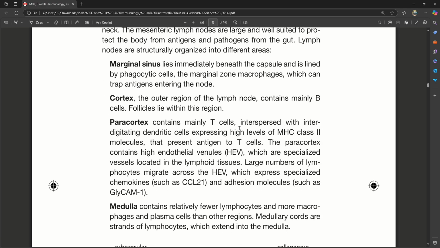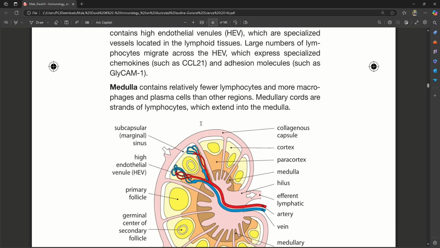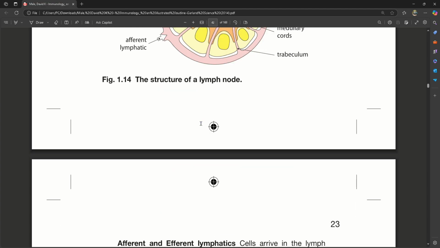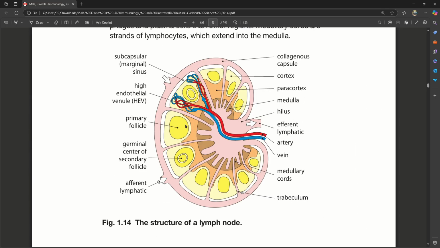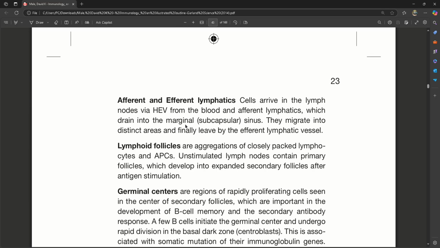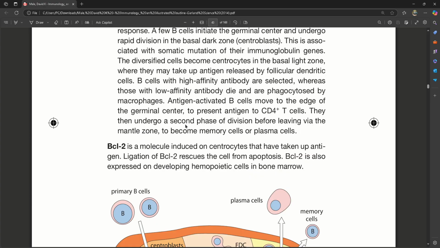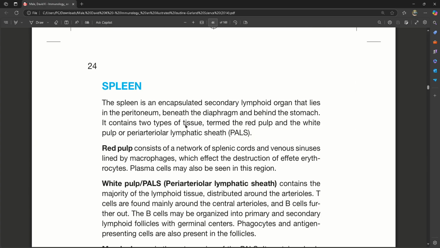So basically, there are two systems, that is lymphatic system and blood vascular system, and the antigens which will come in the lymphatic system, they will be trapped and immunity will be developed in the lymph nodes, and the antigens which will come through the blood vascular system, they will be trapped in the spleen, and then they will be educated and immunity will be developed.